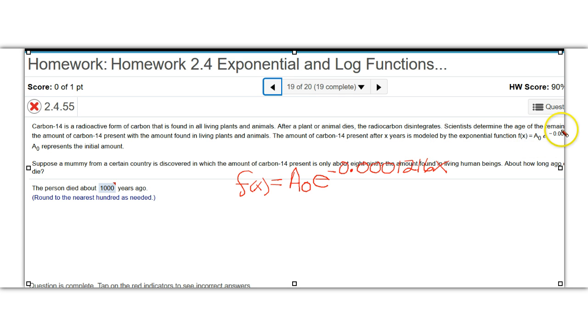So I just copied the formula. I had to cut off part of the screen, which is this. So we're going to do some substitution here now. For the amount that is remaining that they find, this is going to be 8/9.